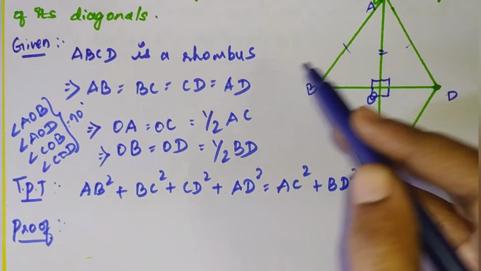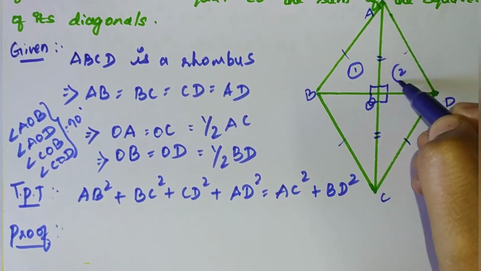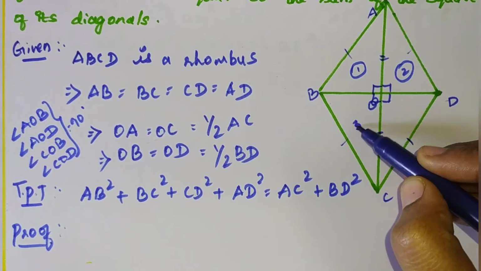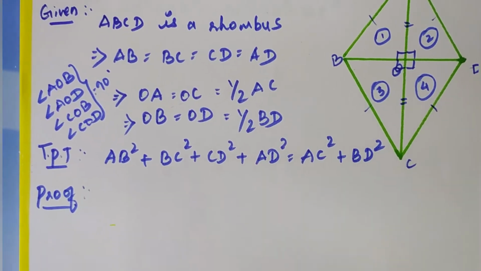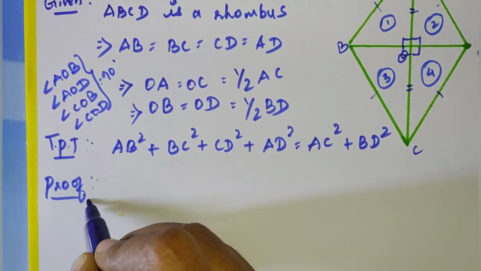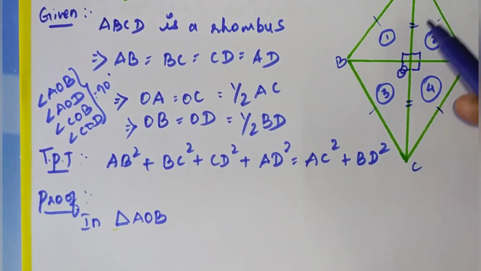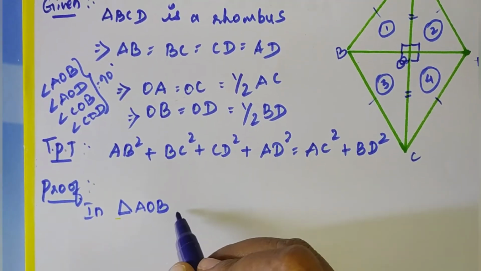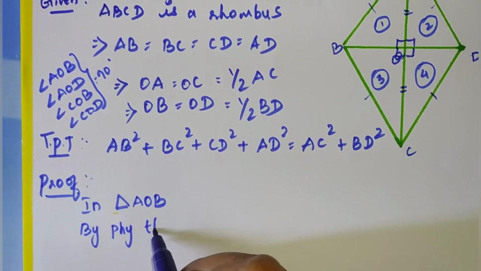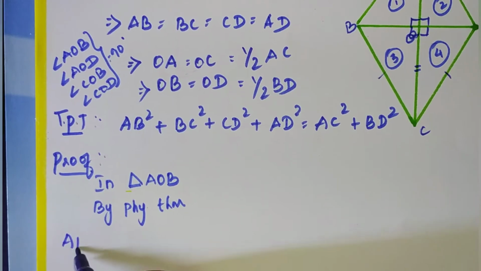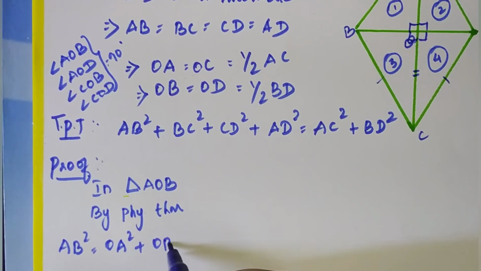So I'm going to divide it into 4 portions, 4 right angle triangles: 1, 2, 3, 4. First, in right angle triangle AOB, by Pythagoras theorem we can tell that AB square is equal to OA square plus OB square.